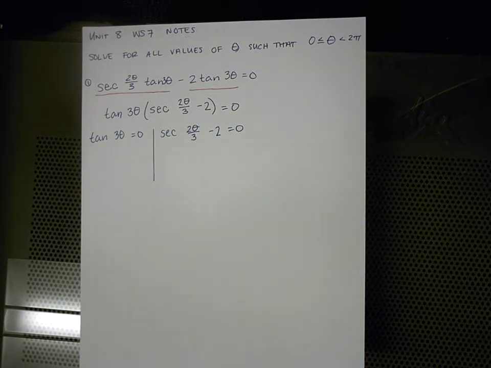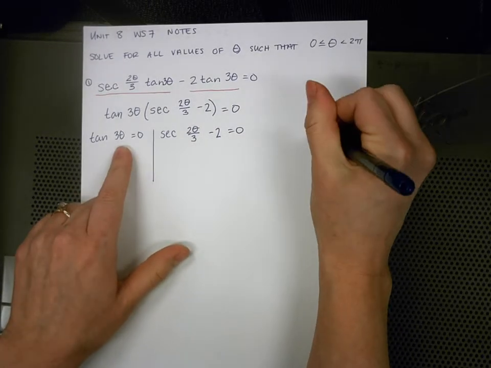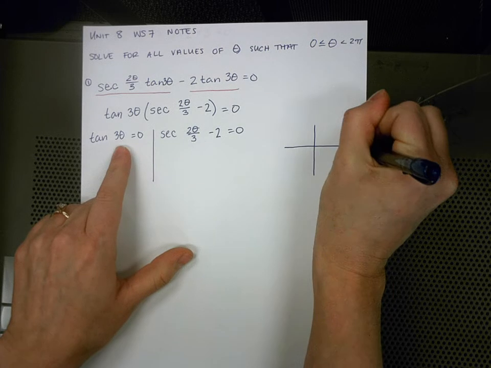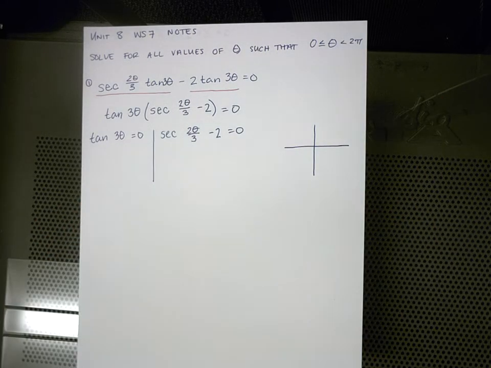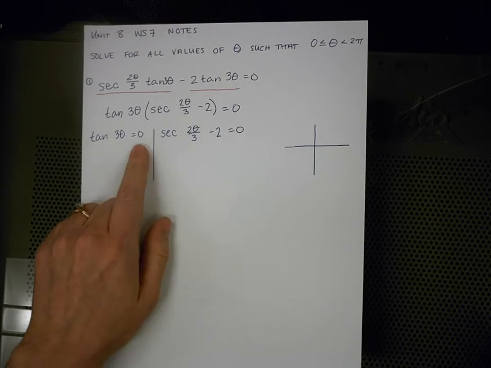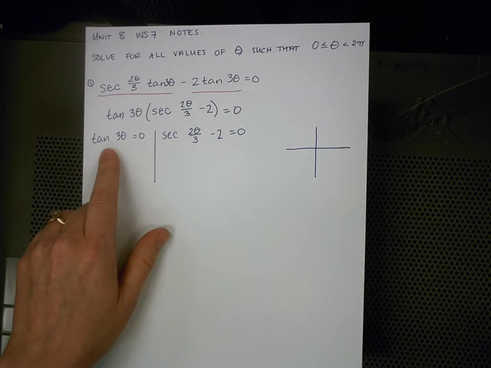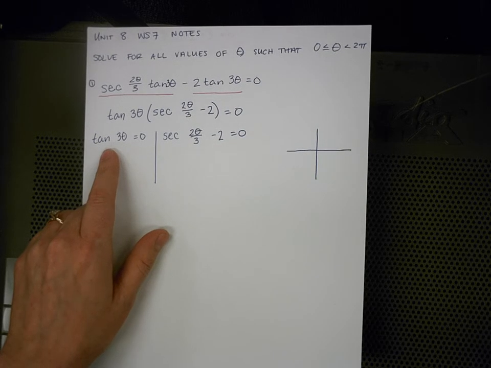All right, so let's talk about this first one. So I have tangent equal to 0. That means I need to get 0 over 1. And I know that tangent is sine over cosine, so that means my sine needs to be 0. And my cosine could be positive 1 or it could be negative 1, because 0 over positive 1 or 0 over negative 1 gives me 0.